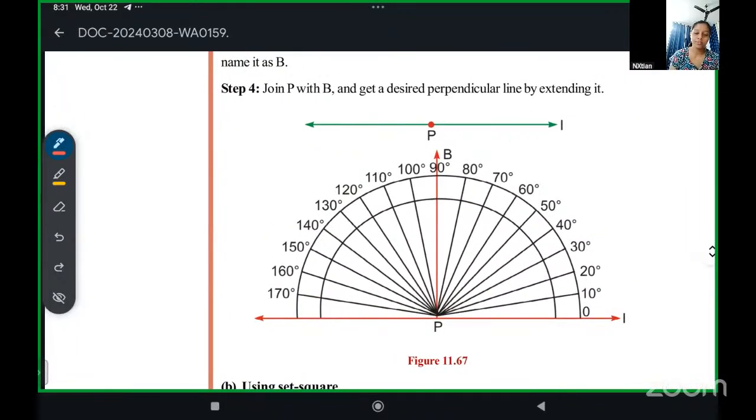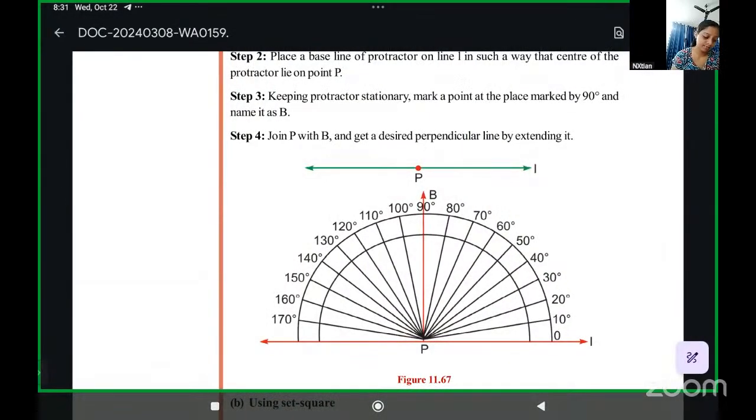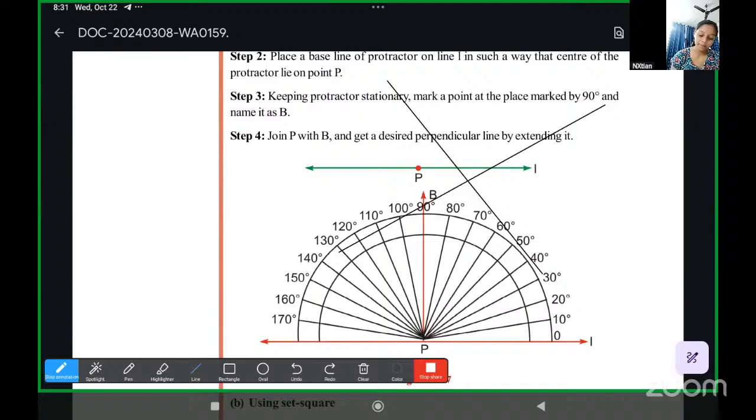So, this one is for Joshua. Joshua, you have drawn the line. You have marked the center point P. Now place your protractor. You have a center point in the protractor, a small hole. Place that on your point P that you've just marked in the center of your line.